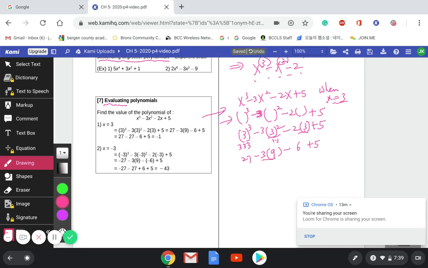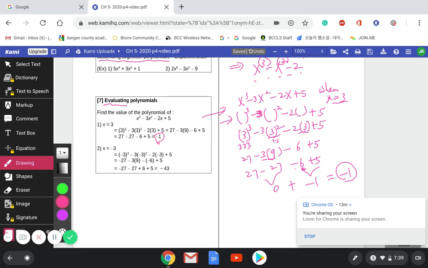So 3 times 9 is 27, right? So 27 minus 27 becomes 0. Minus 6 plus 5 becomes negative 1, because the bigger number is negative, so it's negative 1. So the final answer is 0 plus negative 1, negative 1. So that's how you get this.